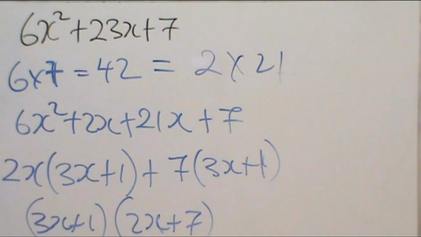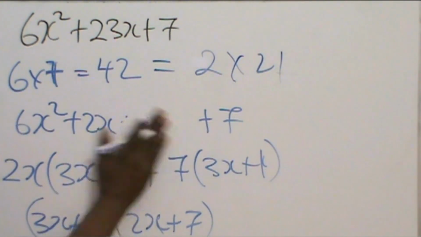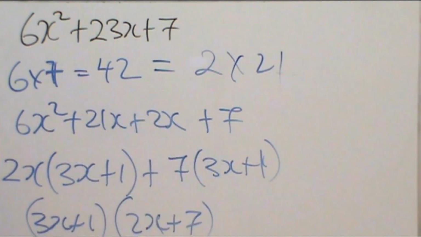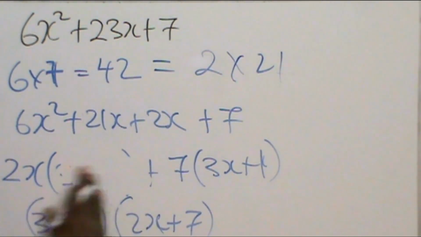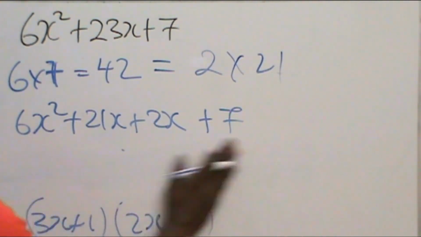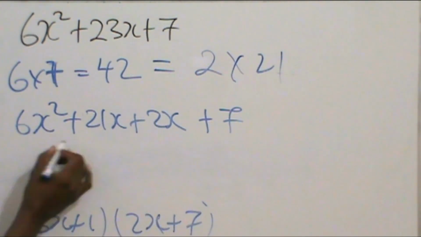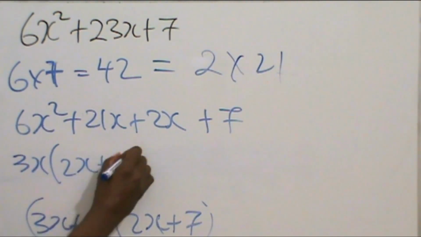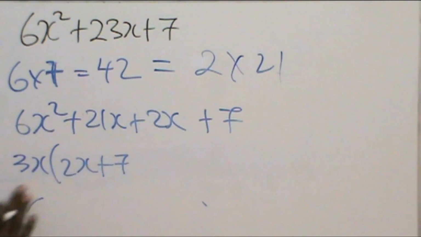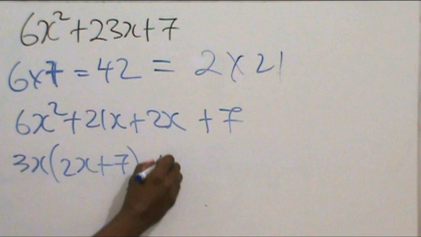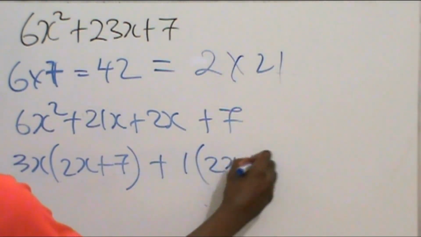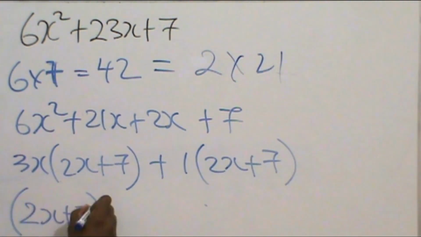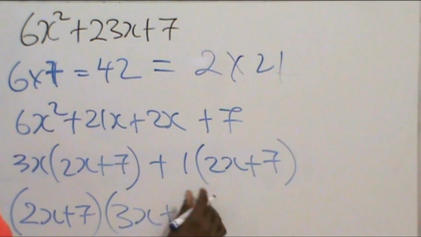So if I had put 21x in front and 2x behind, if I had written this over as 21x plus 2x, alright, what you would have, I'm going to do a quick rub off here, you'd have had, let us see, 3x into 2x plus 7 plus 1 into 2x plus 7, which will give you 2x plus 7 as the common factor into 3x plus 1.